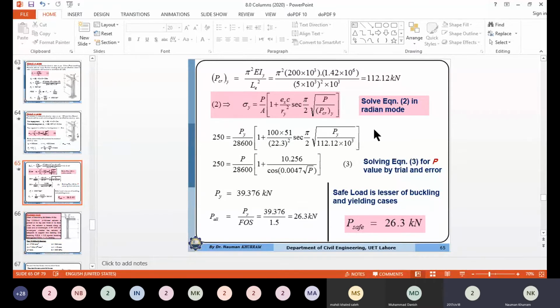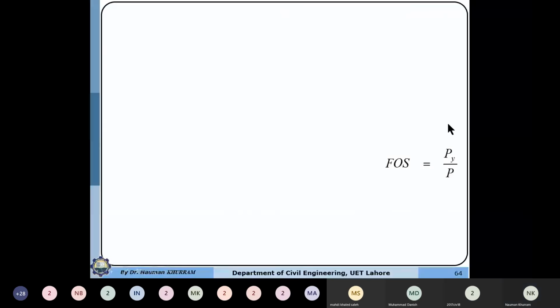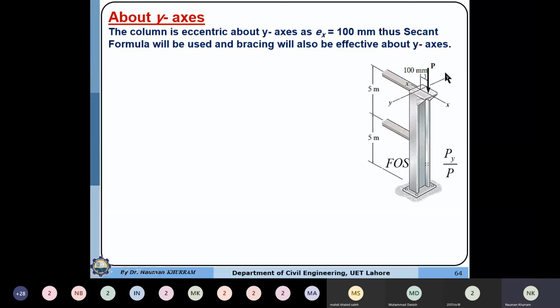Okay. The bending is taking place about the y-axis, because the column is centric about the y-axis. So it means that the moment will be produced about the y-axis. So the axis about which the moment is produced becomes the neutral axis.